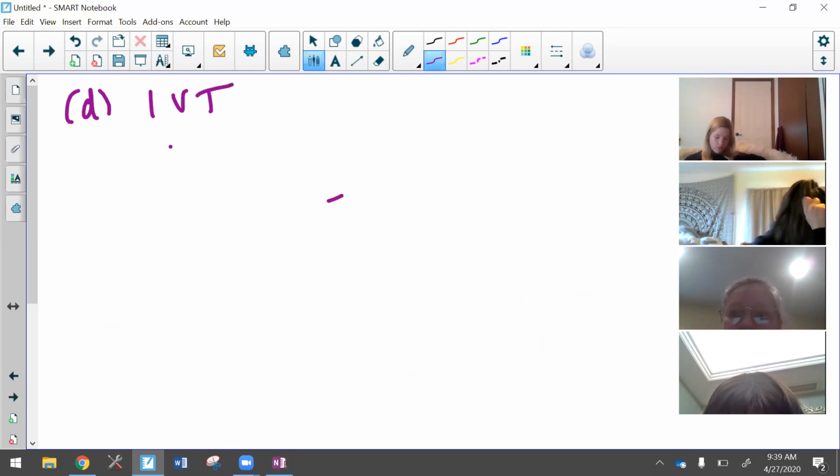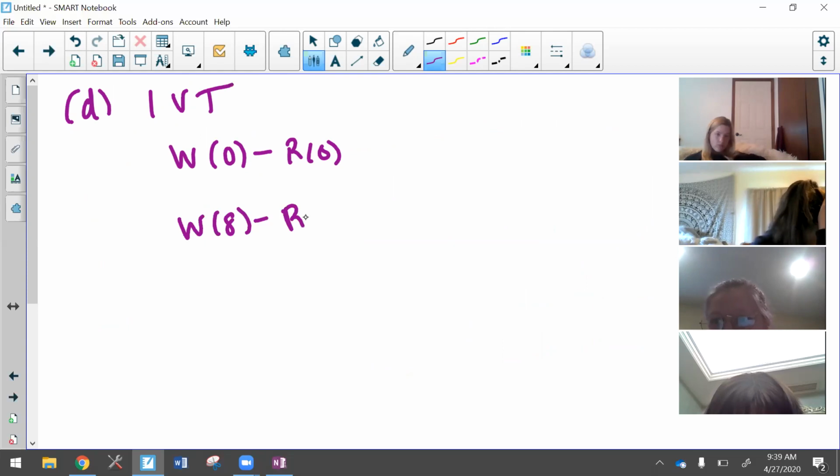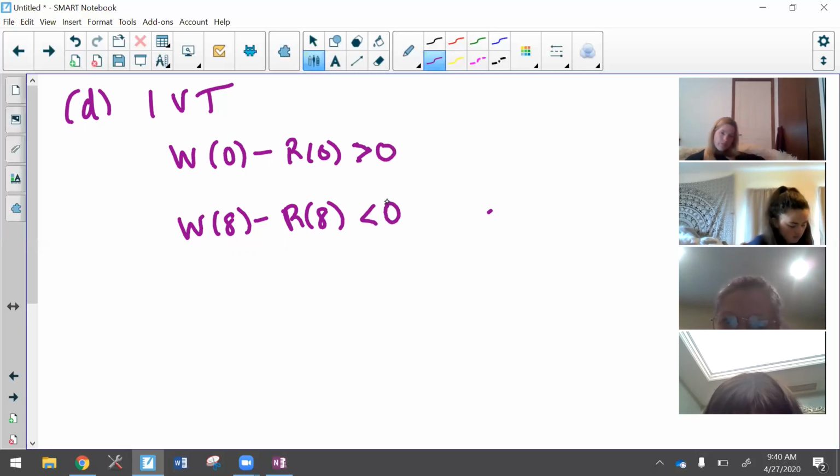And I looked at it as if the rate the water was pumped in minus the rate that the water left at the beginning. And I compared that to what it is at the end. And those are values that you can calculate. Okay. And it turns out that this is greater than 0 and this is less than 0.